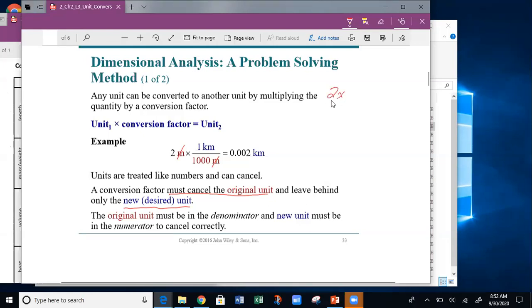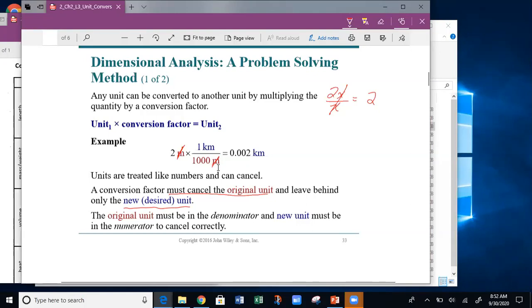Just like 2x over x is equivalent to 2, since we have this unit on the top, as our starting numerator, and this unit in the denominator, that unit cancels.